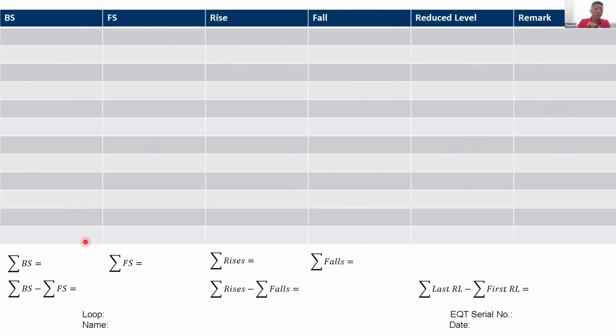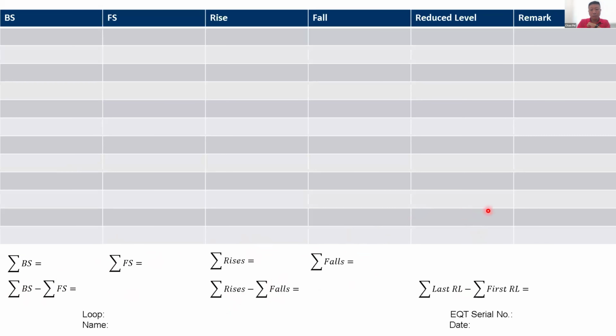Then the next step is checking. All right, checking your backsight sum, sum of foresight, sum of rises, sum of falls. You use your backsight sum minus the foresight sum, you get one number. Your sum of rises minus falls, you get the second number.